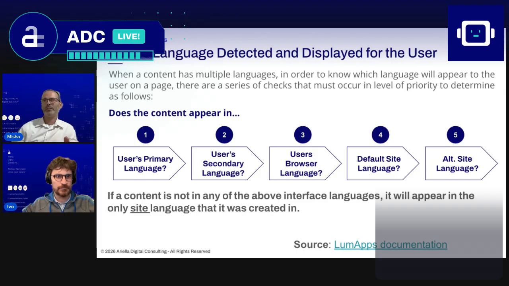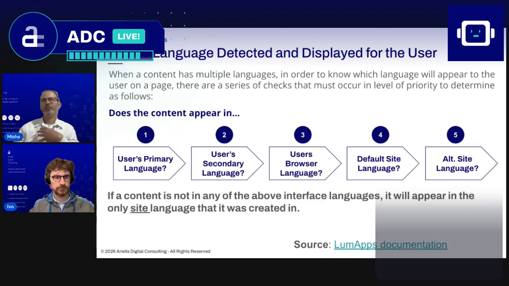If neither of those are set, it'll look at the browser language of the user. And then if that's not set, it's going to look at the default site language and show the content in that language. And then finally, what is the alternative or secondary site language? So take the case where I'm a French user.